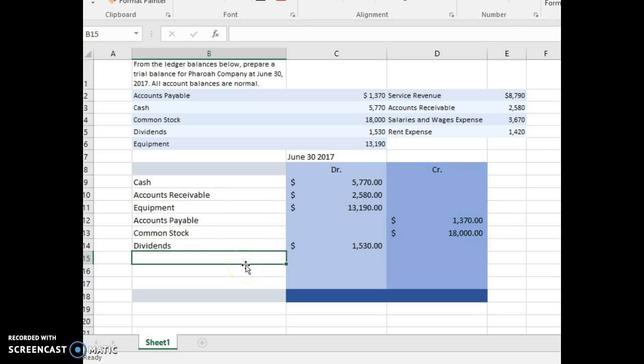And next we're going to do service revenue. Revenues have a normal balance of a credit, so we will list that there, $8,790 to credit. Next we're going to do salaries and wages expense.